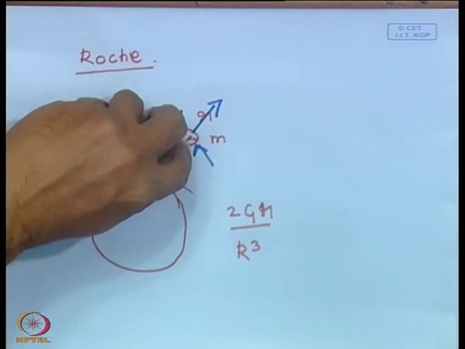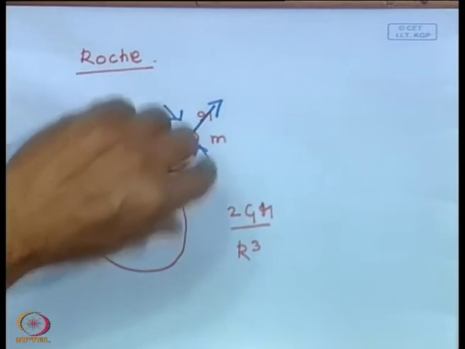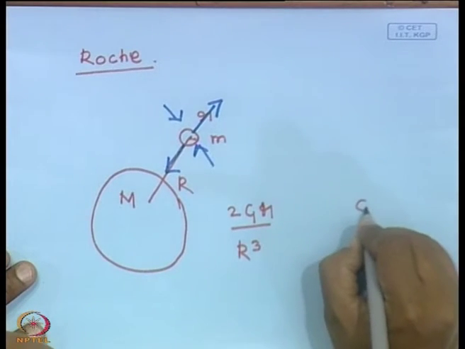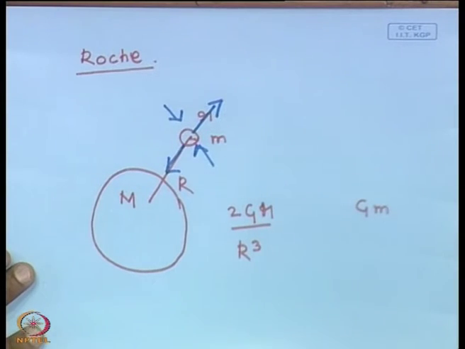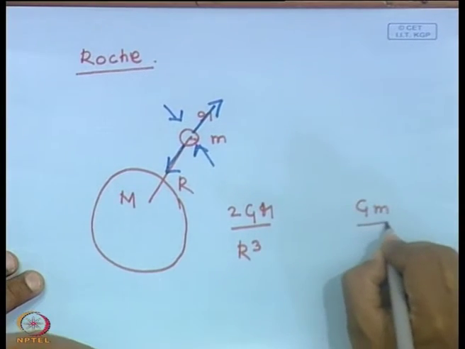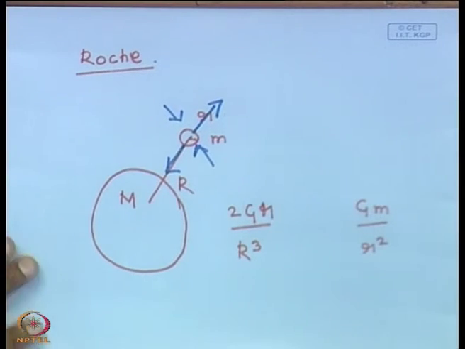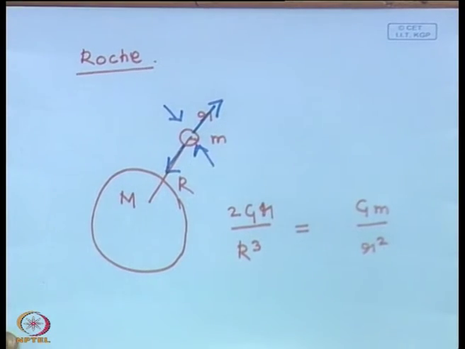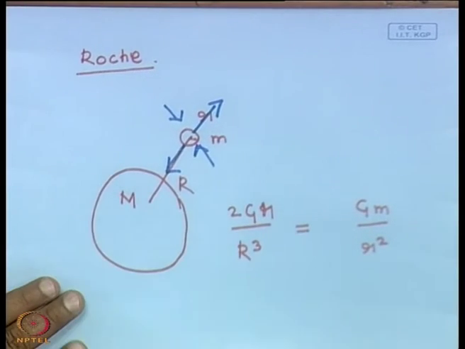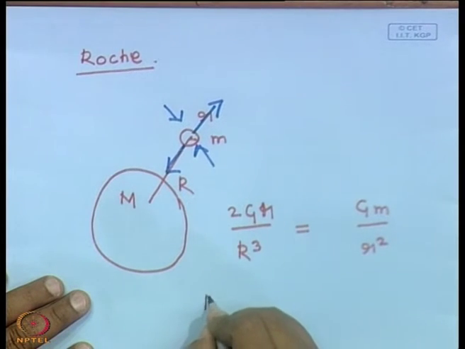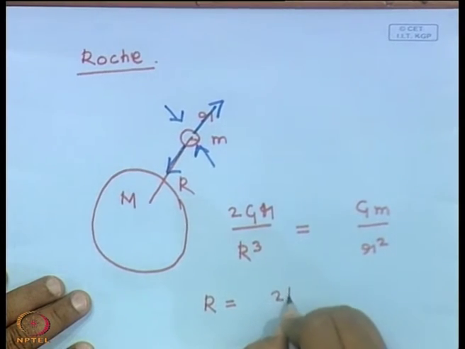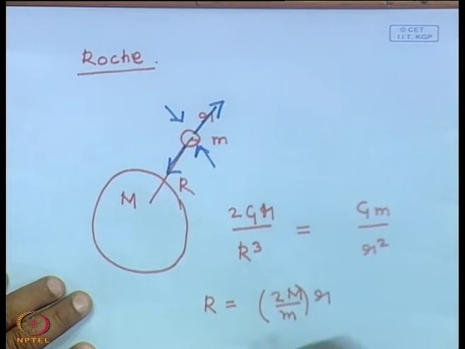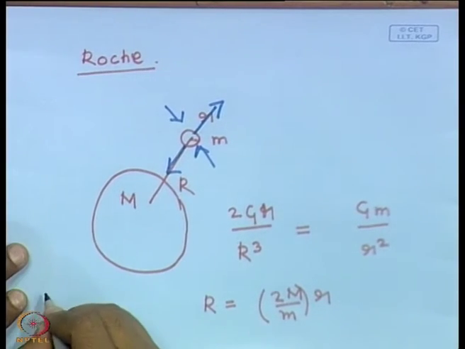And the gravitational force exerted by this small object on itself, on its surface, is going to be G m by r square. And we would like to see where these two forces are balanced. It is quite obvious from this that these forces will be balanced if R is equal to r times the cube root of 2 M by m. This is called the tidal radius.